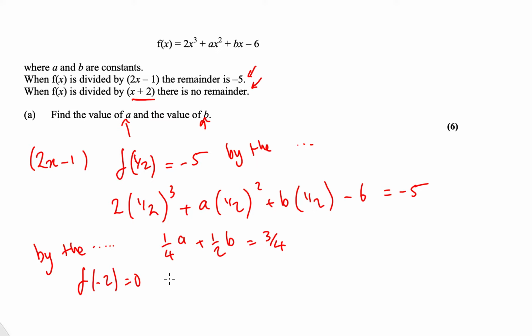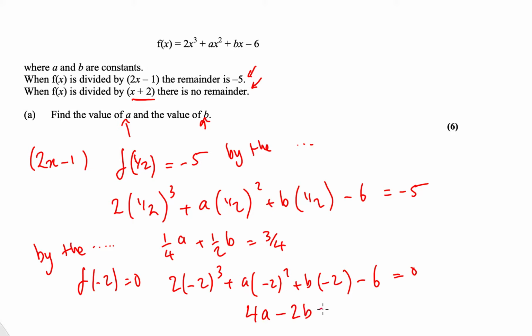We know that f of minus 2 equals 0. So 2 times minus 2 cubed plus a times minus 2 squared plus b times minus 2 minus 6 equals 0, which leads to our second linear equation, 4a minus 2b equals 22. 2 equations, 2 unknowns.